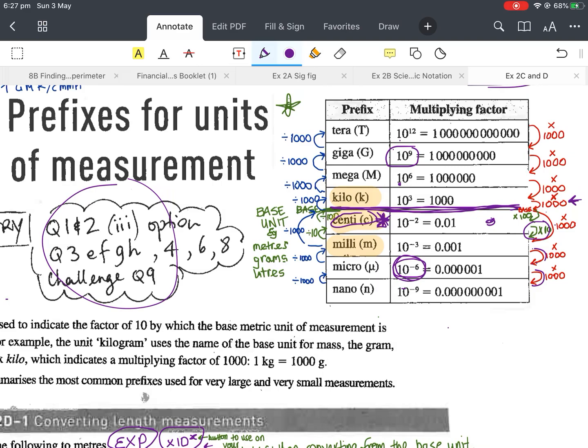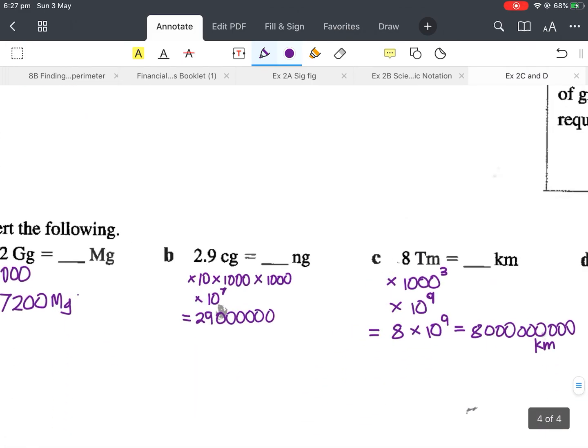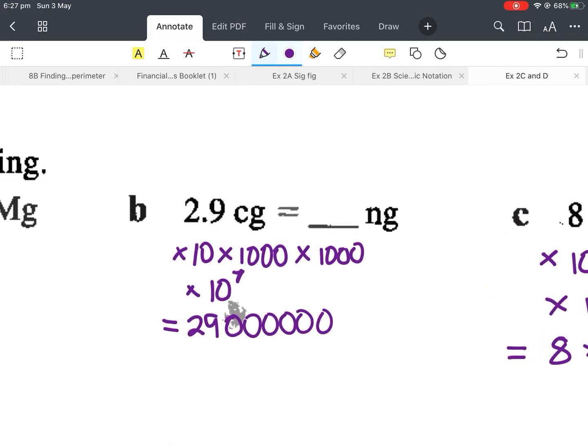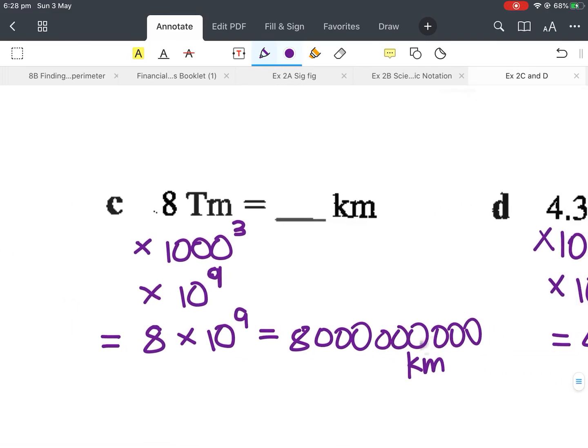And then another red jump times 1,000 to get to nano. So you're timesing by 10 times 1,000 times 1,000. Okay, and you'll notice that's what I've written there. Times by 10 times 1,000 times 1,000, which is 2, 9, and 6 zeros. That is 29 million, isn't it? Yep.